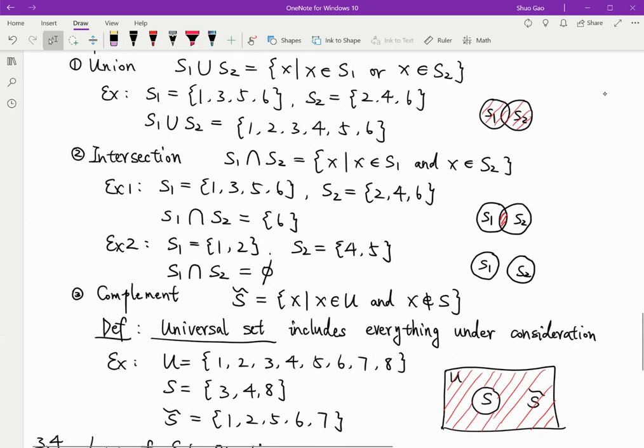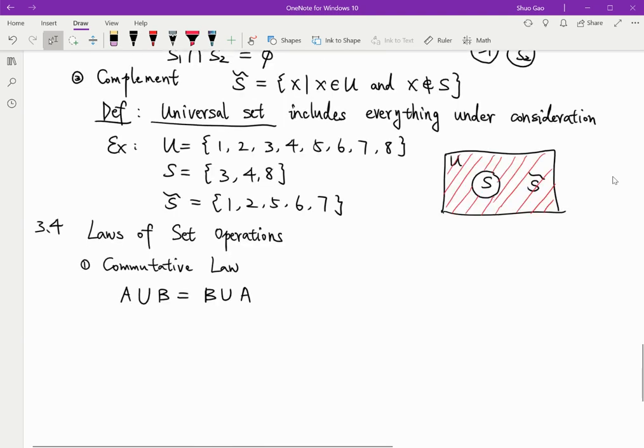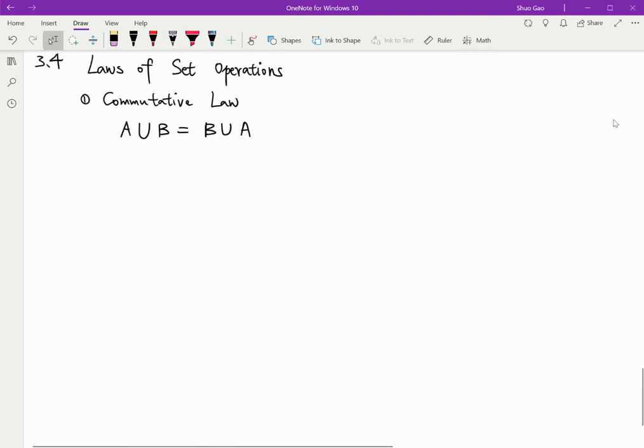So whether it's S1 union S2 or S2 union S1, it doesn't matter, because the result contains all the elements in S1 and all the elements in S2. They gather them together into a union set. So A union B is just B union A.